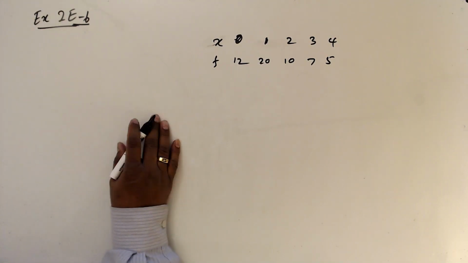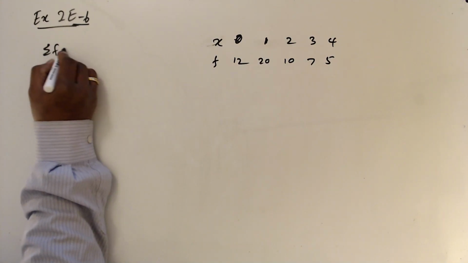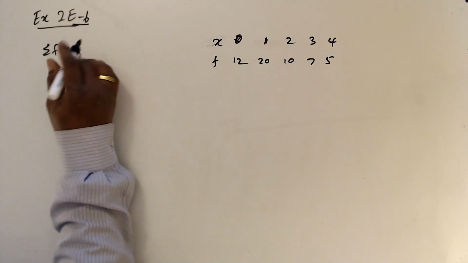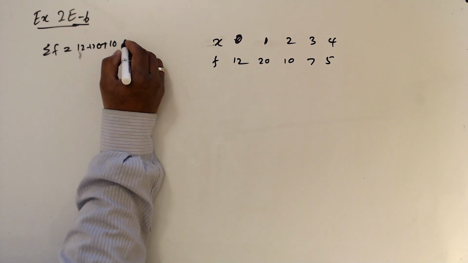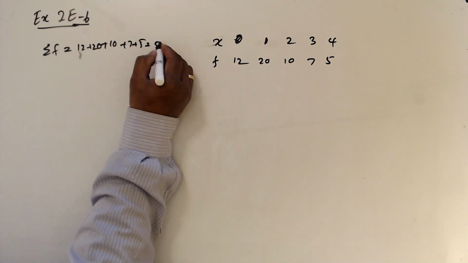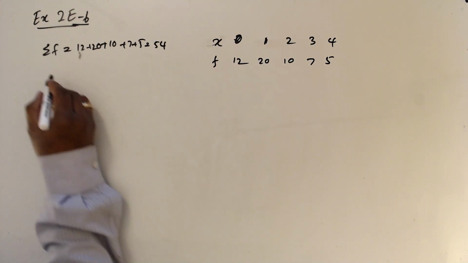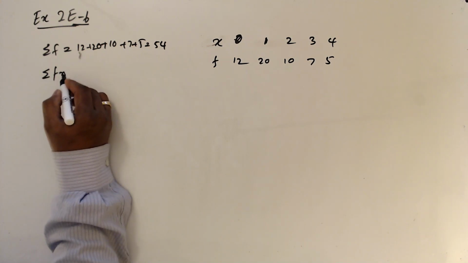Question number 6. This is about a student group. The total number of students in this, summation f, is 12 plus 20 plus 10 plus 7 plus 5, that is going to be 54. Summation fx, we need to find the standard deviation.